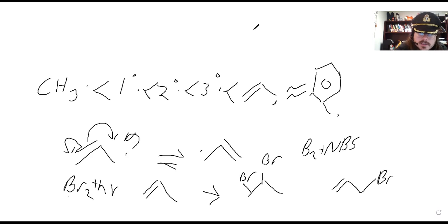Now, continuing on the same scheme of things, what does the molecular orbital look like for this allylic radical, and the allylic cations? So we have 3 carbon groups.